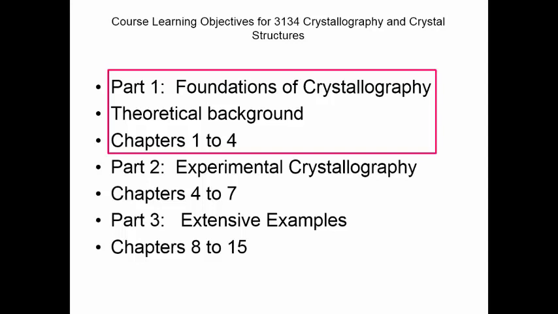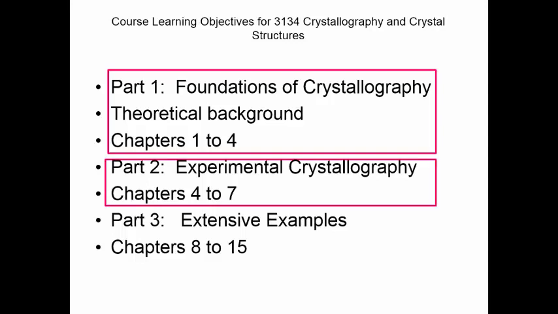The experimental crystallography is picked up in chapters 5 through 7, and part 3 starts out with a bridging chapter 8 and then continues from 8 through 15 with extensive crystallographic examples from each of the 7 crystal systems.